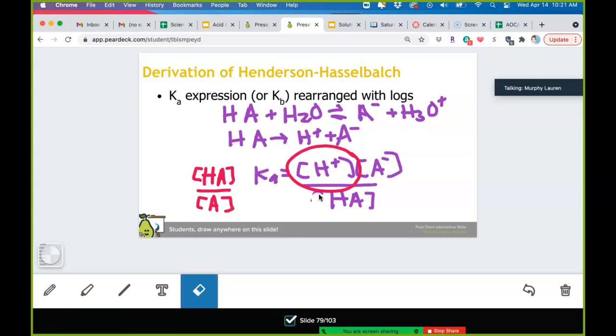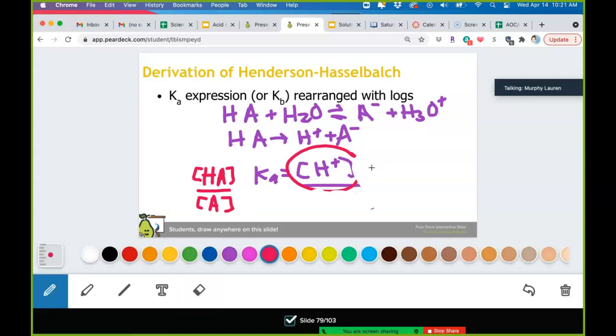So these go away, right? Bye-bye. And now I've just rearranged to find H. Okay, well, what if I want to find pH? What would I do to this term right here? I would take opposite the log of it. Is that right, to find pH? So if I take opposite the log of the right side, I get pH.